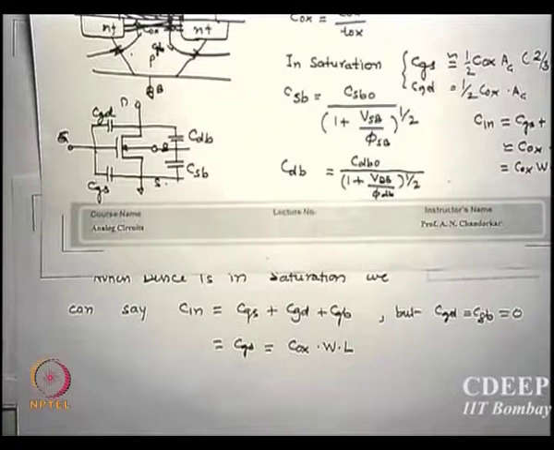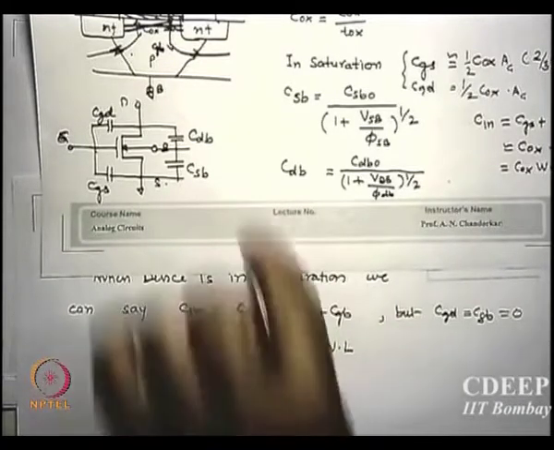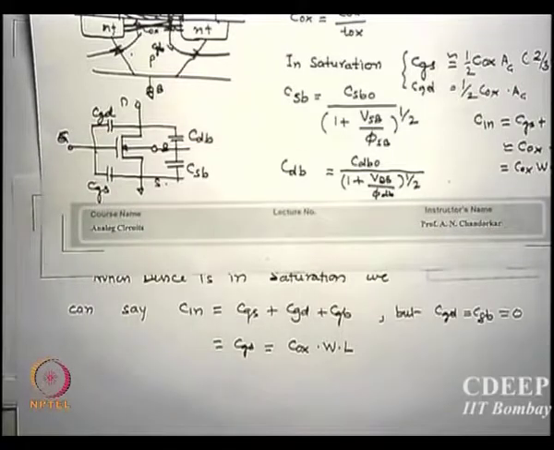In general CGD plus CGB will be 0 for a saturated device unless stated otherwise, and then it is equal to CGS, which is Cox into W by L. In devices we evaluate everything and verify. In circuits we will give you this value and just forget this. If I specify CGD, you use that. If I do not specify it, don't use it. If I say this is 0.4 femtofarad, you actually connect it.